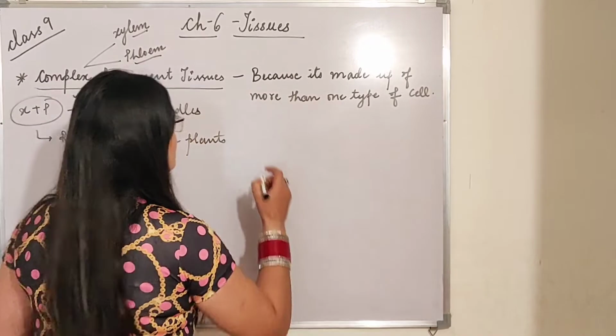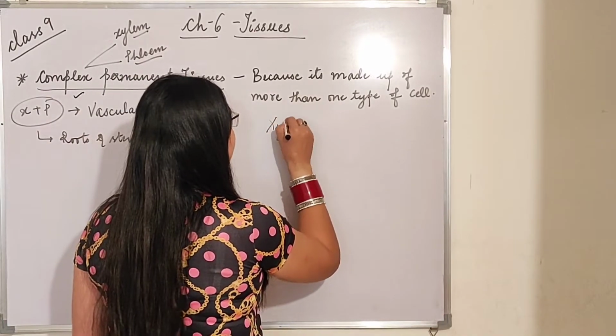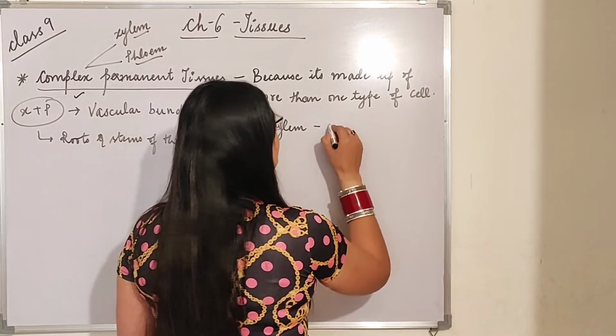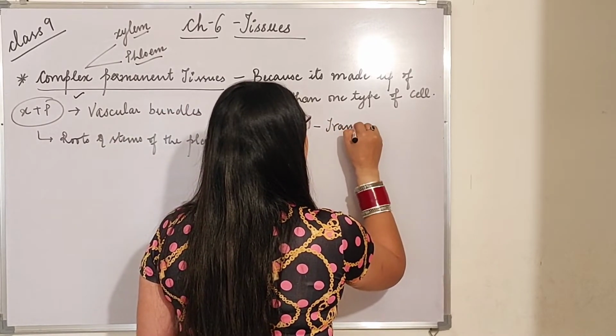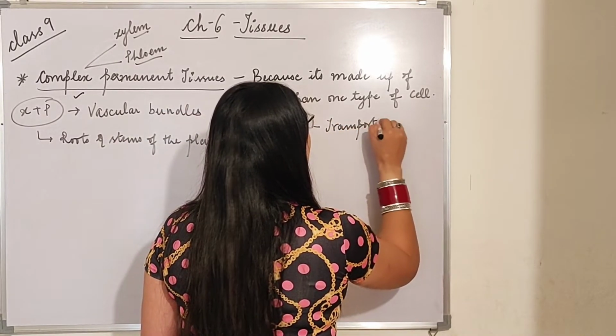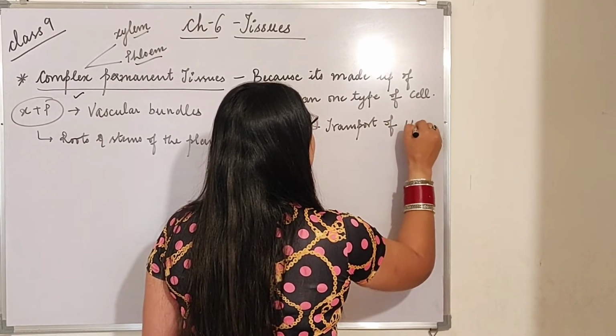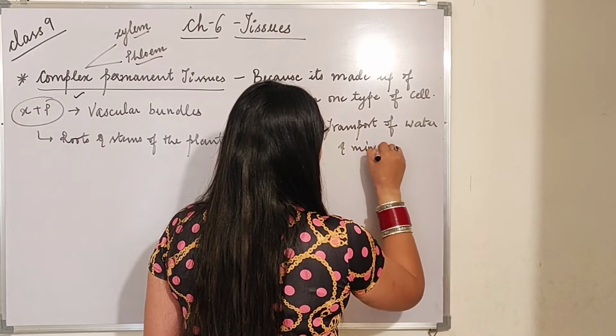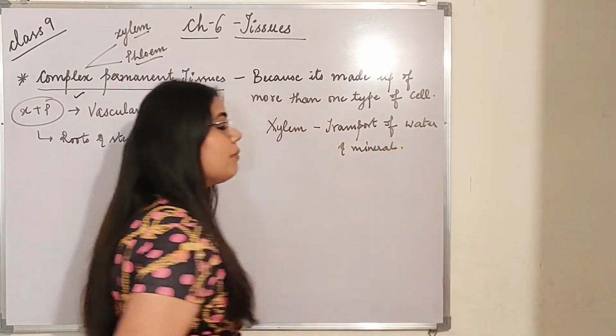So I am writing it here: xylem is responsible for the transport of water and minerals.